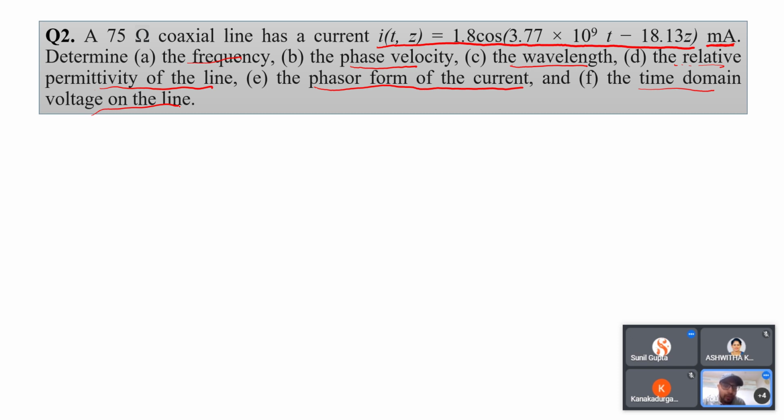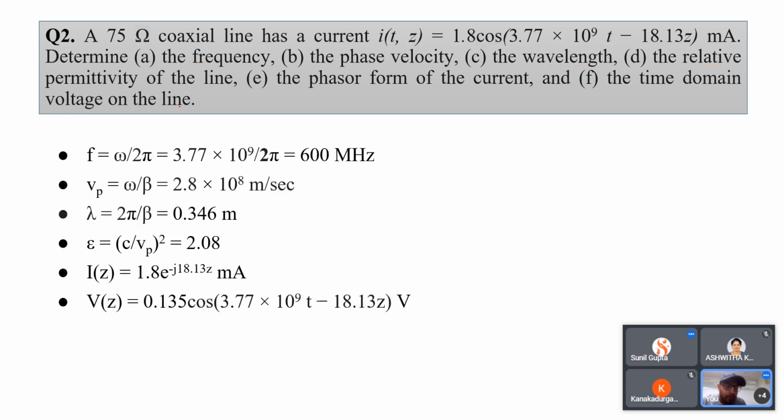For solving such a question, we have to equate this current equation with the standard current equation, that is I of t comma z equals I naught cos of omega t minus beta z.